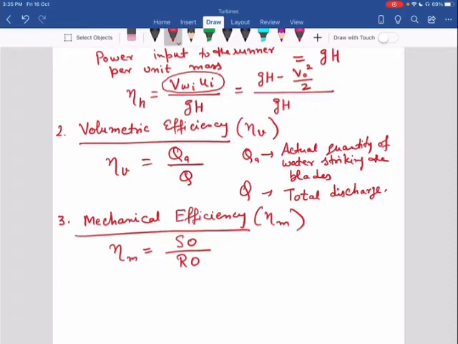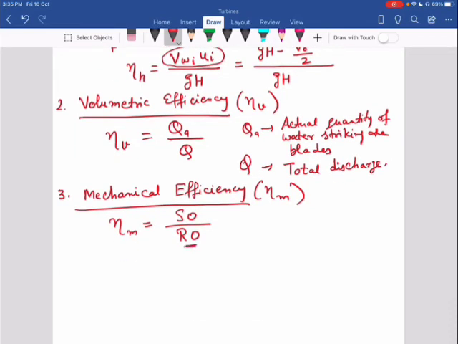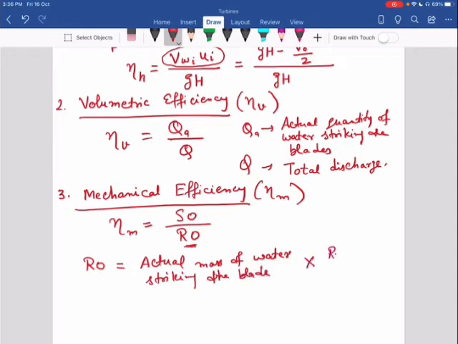Okay. Now further, runner output I can write as actual mass of water striking the blade multiplied by runner output per unit mass.